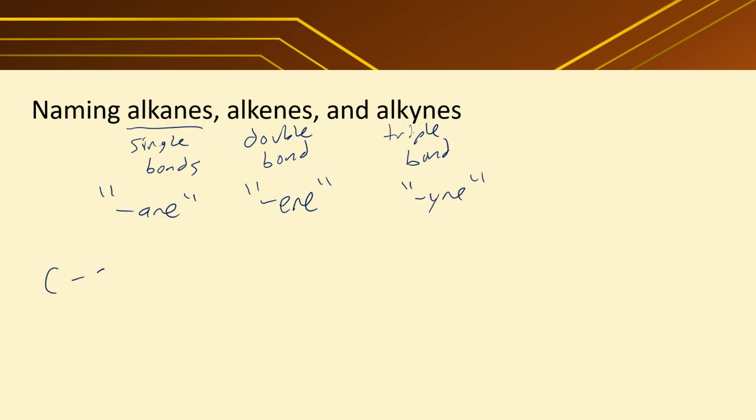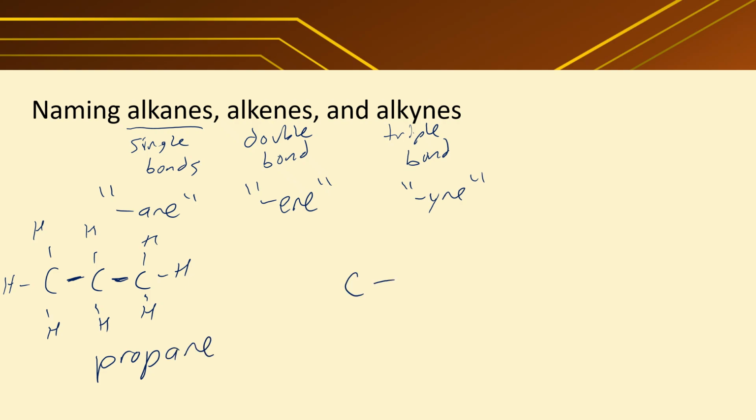If I have something like this, and so I have to count the carbons first. There are 3 carbons, so the prefix for 3 carbons is prop. And there are single bonds between the carbons, so it's going to end in ane. This is propane. Let's do another one.